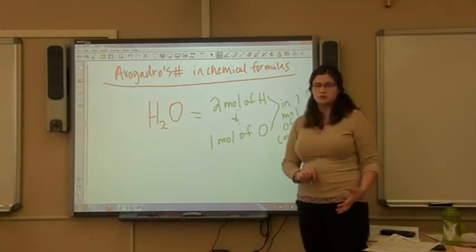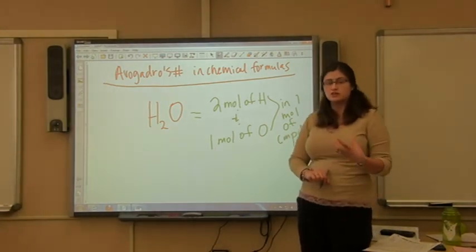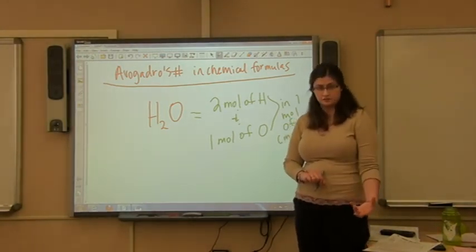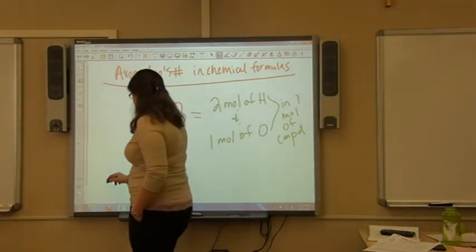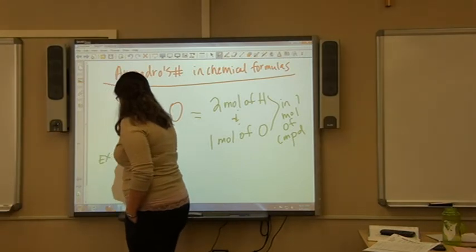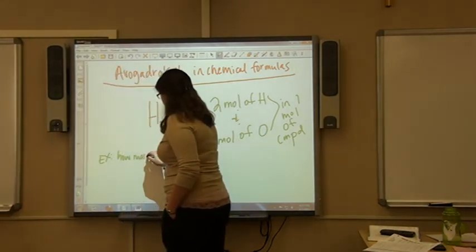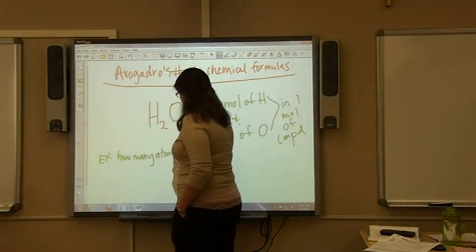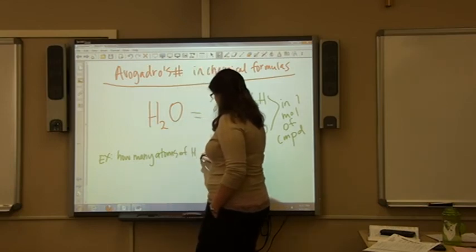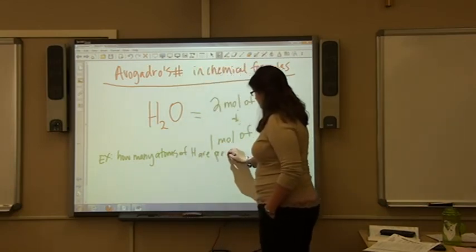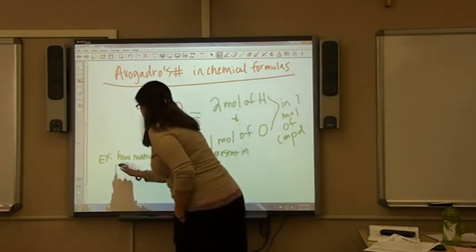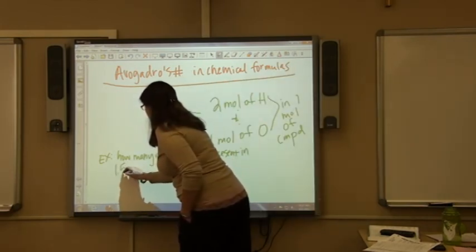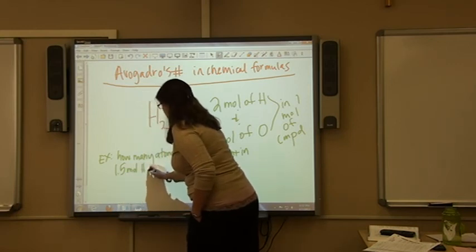This is important because you can use this as a unit conversion factor. So if I had a question asking, how many atoms of H are present in 1.5 moles of H2O?